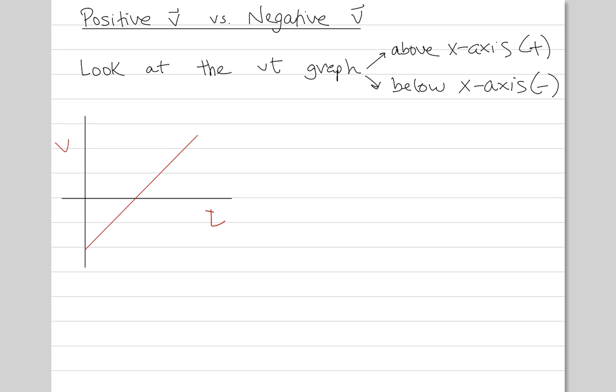Okay, so using my pointer, try to imagine what's happening if, as time goes on, you're moving up the curve like this. What's happening? Are you speeding up or speeding down? And this is weird.